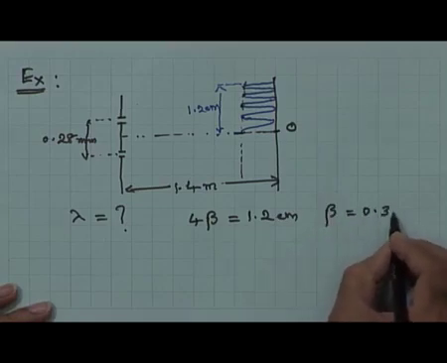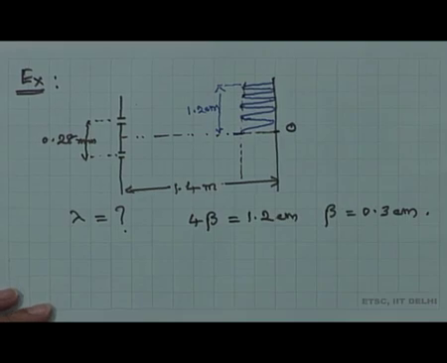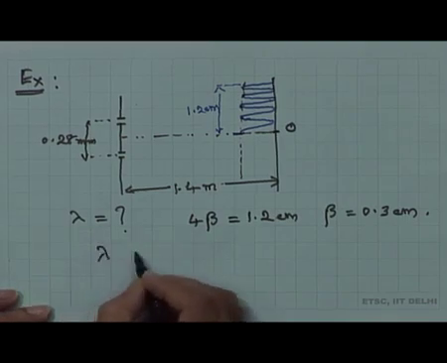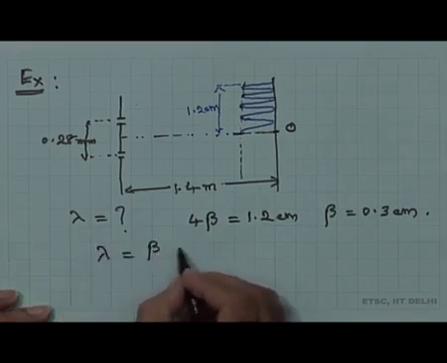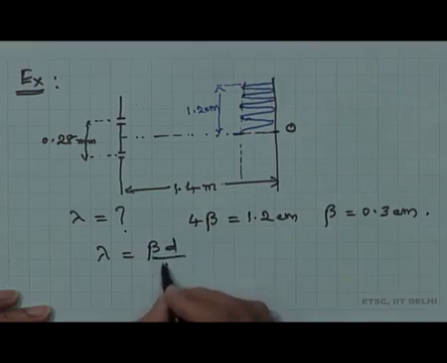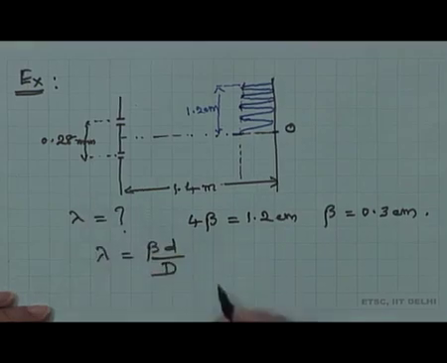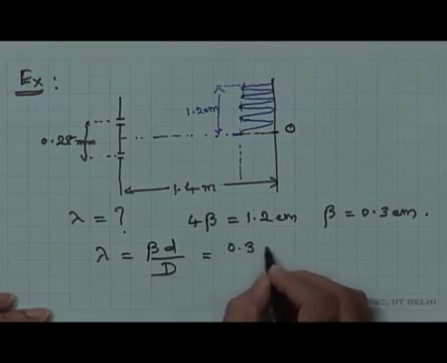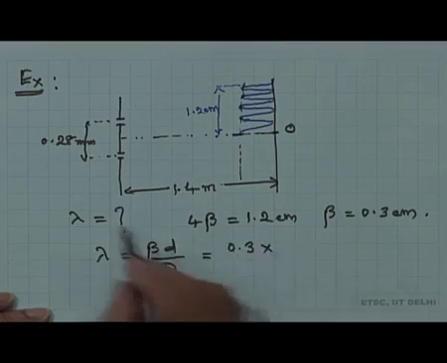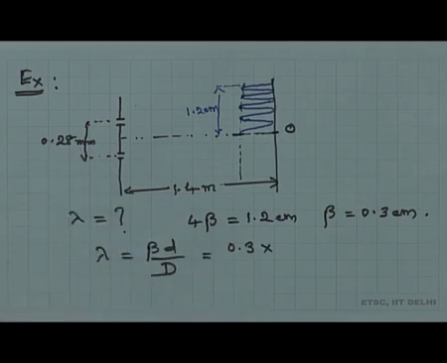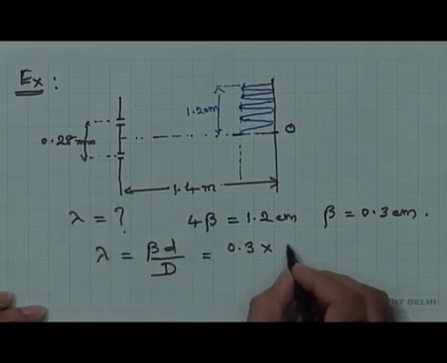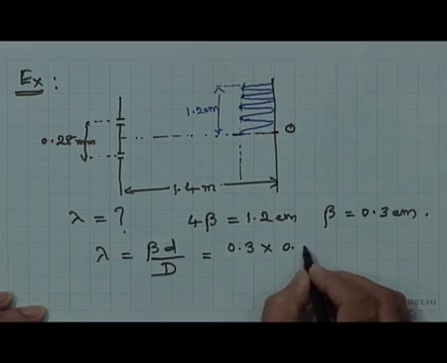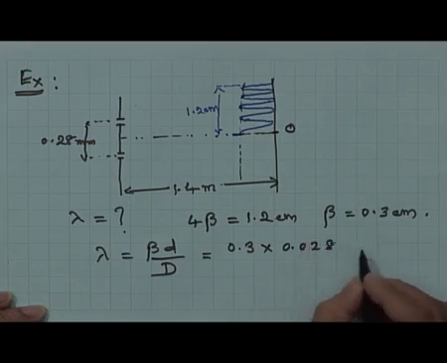or beta is equal to 0.3 centimeter, and lambda is equal to beta into d by D. So, we have all the information that is required. So, we have 0.3 centimeter multiplied by 0.28 millimeter, which is 0.028 centimeter.